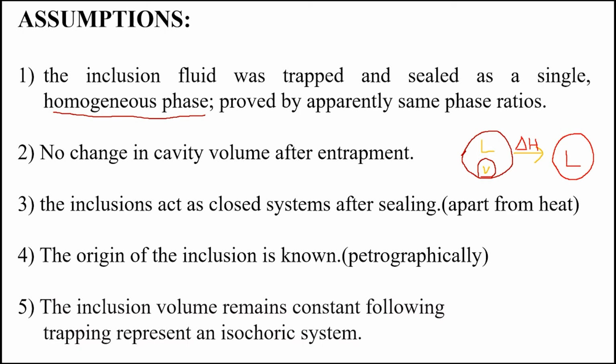Either, as we can see in this figure here, the vapor bubble is contracted with increase in temperature, and the total phase becomes liquid, because it is a liquid state entrapment.